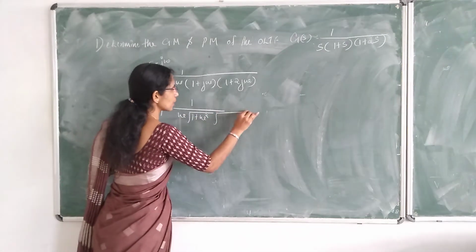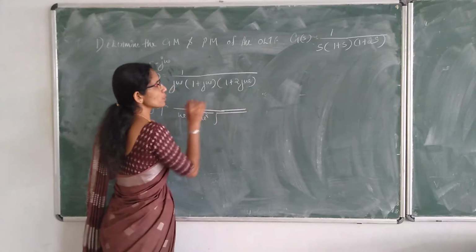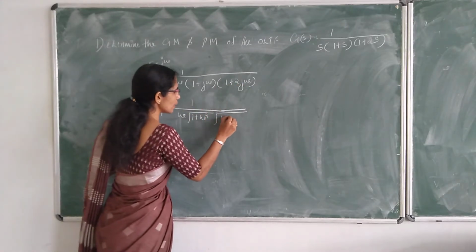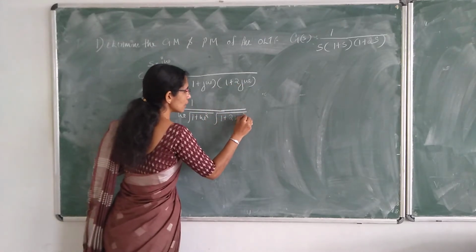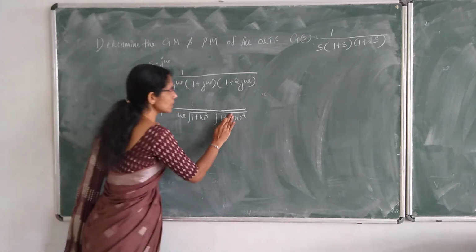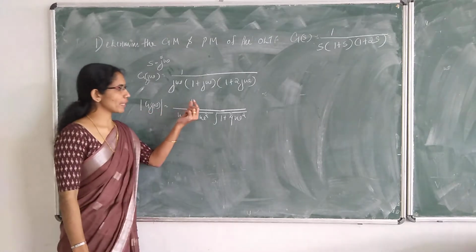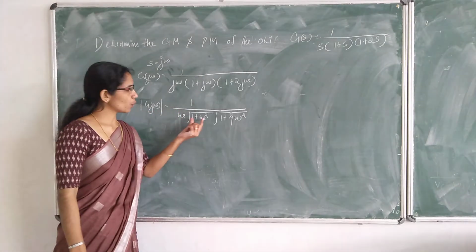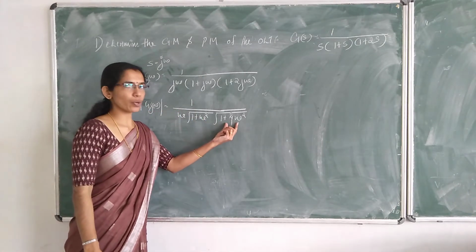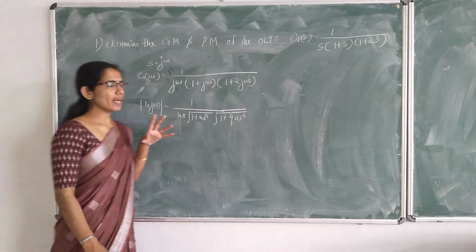Then root of 1 + 2j omega, that is root of 1 + 4 omega square. So the magnitude of G(j omega) is 1 / (omega root(1 + omega square) root(1 + 4 omega square)).